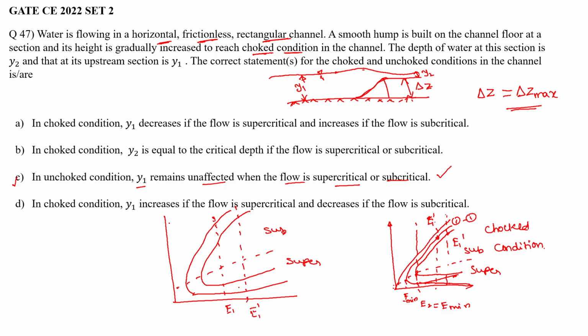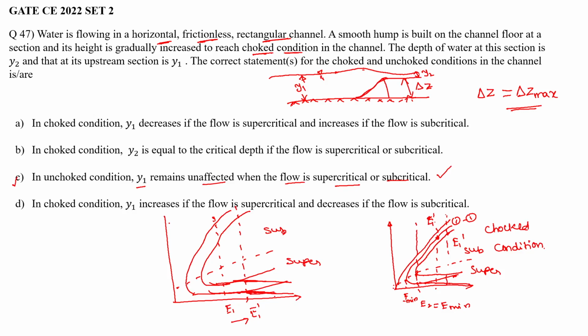So Y1 decreases if the flow is subcritical and increases if the flow is supercritical. As E1 is shifted to E1 dash, the depth further decreases in the subcritical region.